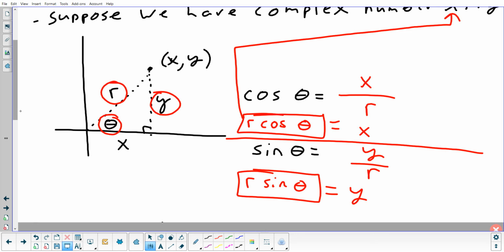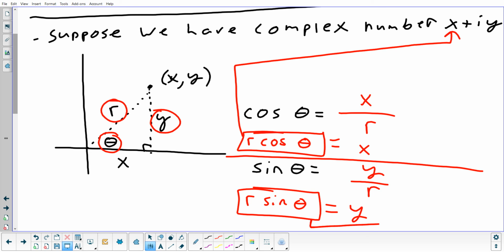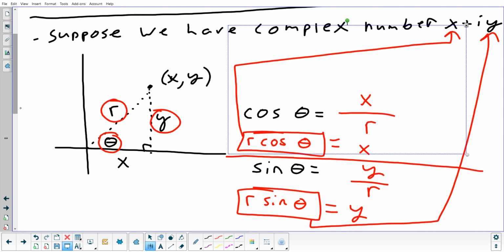So we're going to take that and fill that in right there. And when we make those two substitutions, we're basically converting something from standard form into trig form, because now it uses trig in the expression for the complex number. That's why it's called trig form.